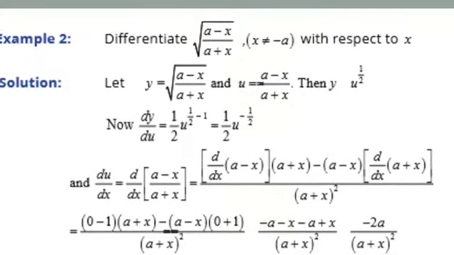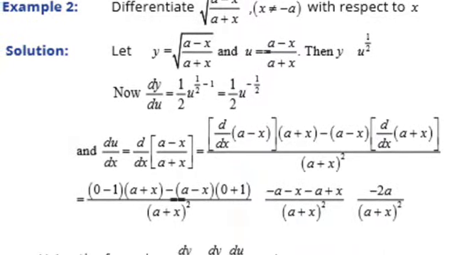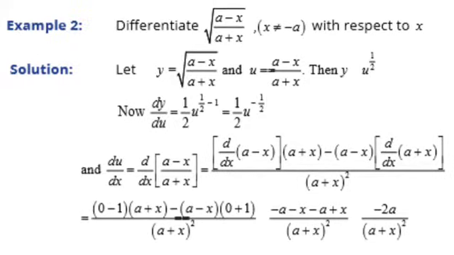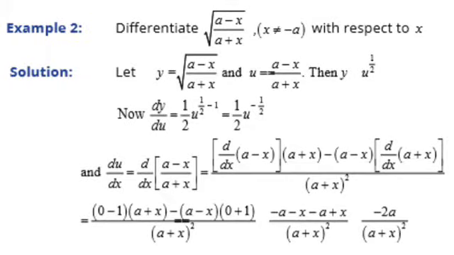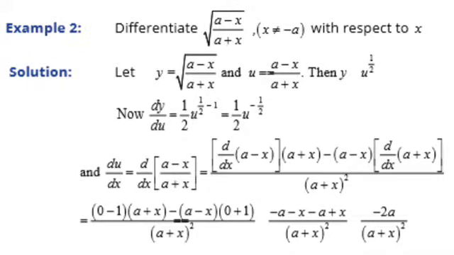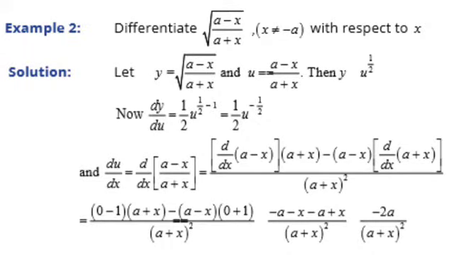Now in this question we have the base equal to a minus x over a plus x. We let the base be equal to u, and then y becomes u raised to power 1 by 2, and first we differentiate dy by du. It becomes 1 over 2 u raised to 1 over 2 minus 1, applying the power rule.